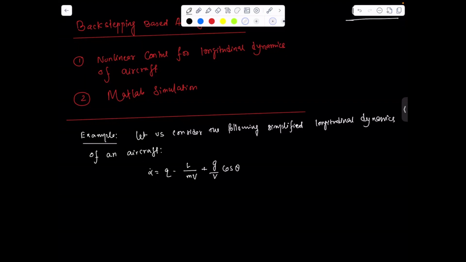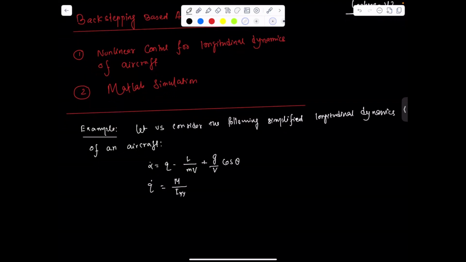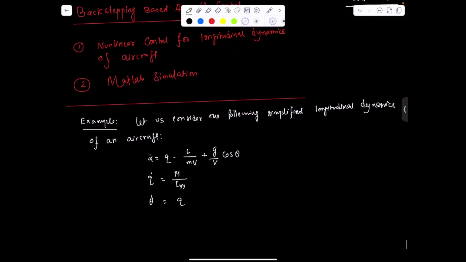Maybe for different aircraft we have different equations of motion, but this is the basic one. And q dot equals the total moment divided by Iy, and theta dot equals q.